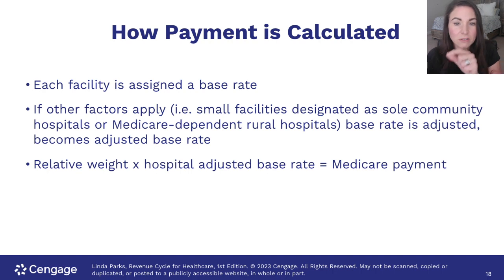So the hospital's adjusted base rate is multiplied by the DRG relative weight to determine what the actual payment for the facility is. And that's the formula right there, the third bullet point. So hospitals can use this formula to try to calculate what they can expect to be paid for each patient admission. You don't need to know how to manually calculate it for my class, but that is the formula.